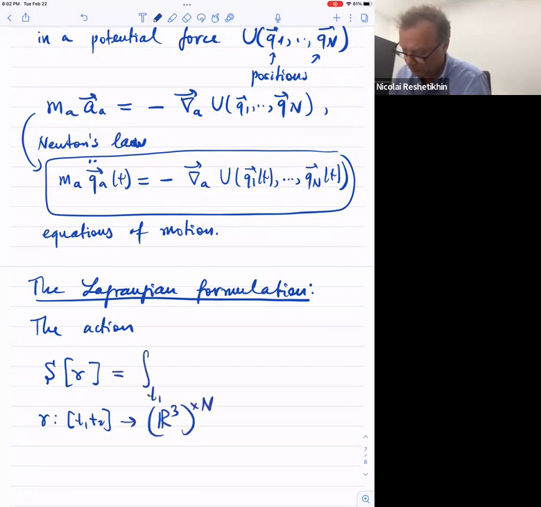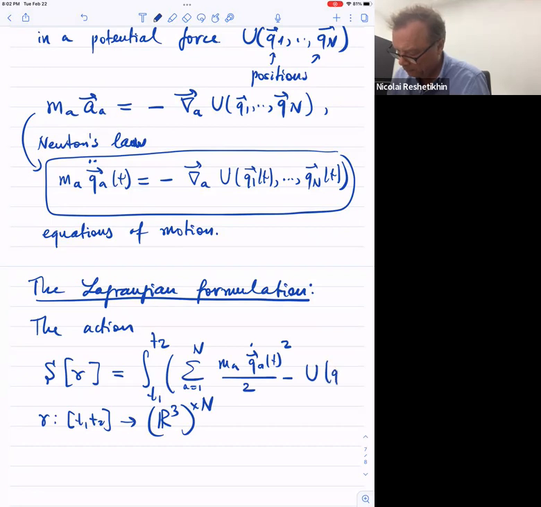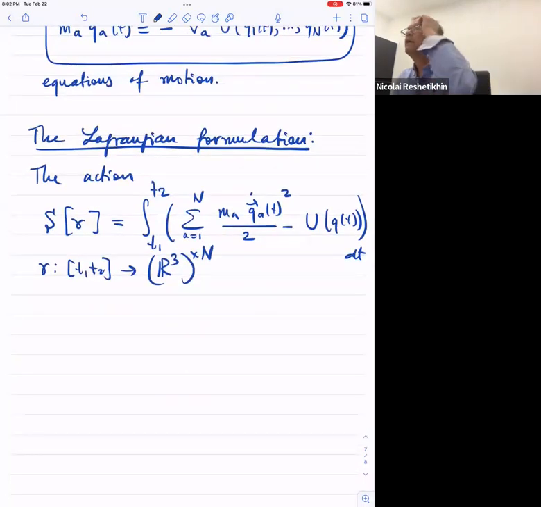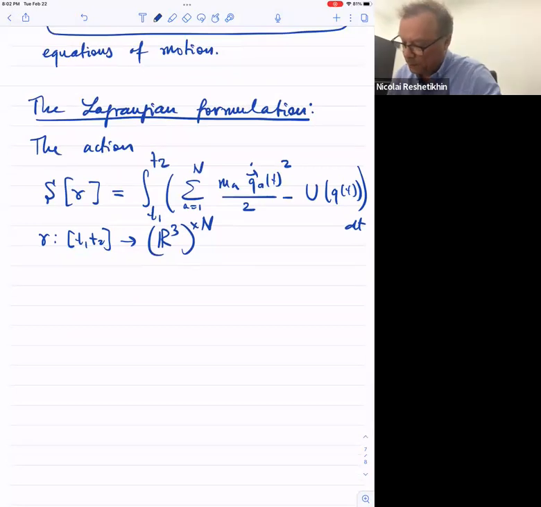And the action is just the sum over A from 1 to n of mass times velocity squared over 2, minus U of all these q's that depend on t.